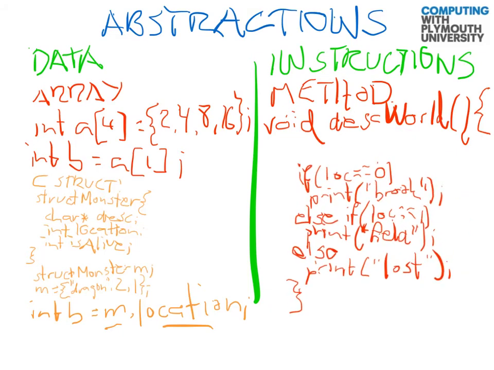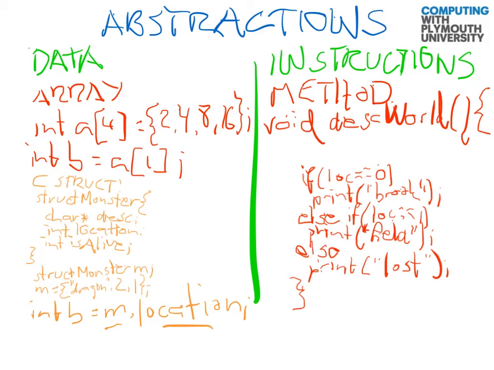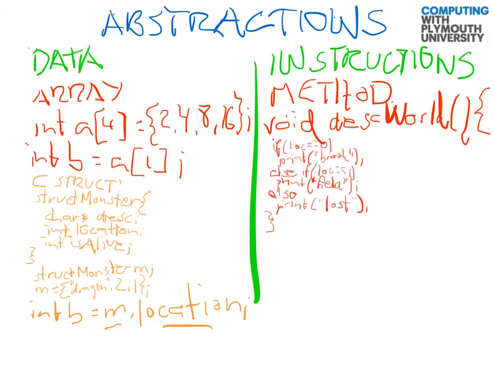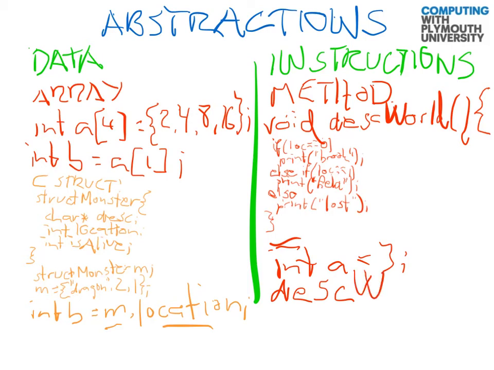Now the way we use that piece of code when we want to refer to it and call it from somewhere else is that within our code we have maybe some other instructions, and then we say, and now go and do all those instructions that I called descWorld.